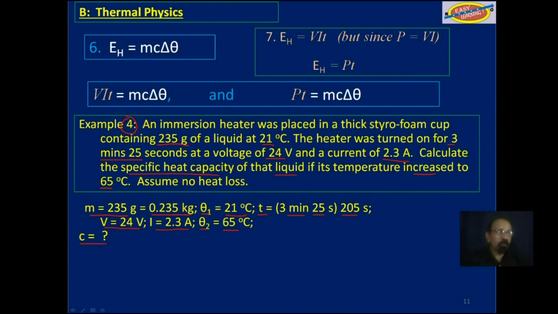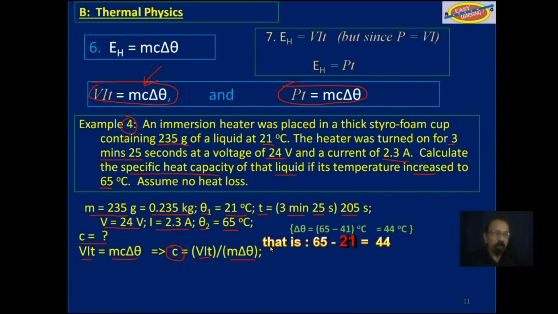So we look at these two formulae that we have here, that one and this one, and we find that this one over here would be better for us to use because it has everything except the one thing that we want to find. So if we say VIT is equal to MC delta theta, and we make C the subject of the formula, which means that C is equal to VIT divided by M times delta theta.